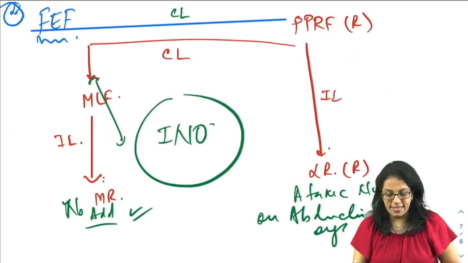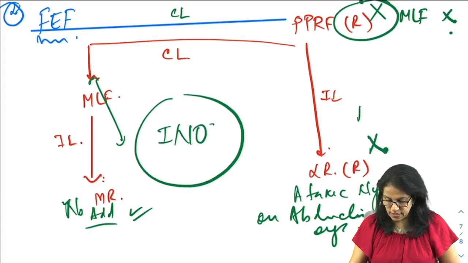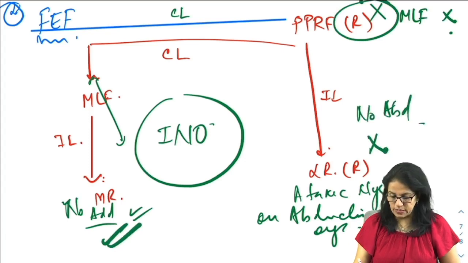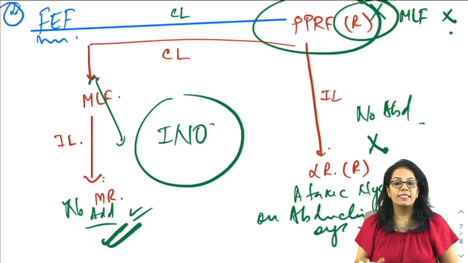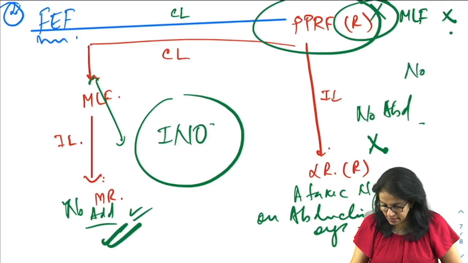See, understand here. If right PPRF is gone, and suppose right-sided MLF is also gone, what will happen? Right PPRF is gone means on the right side no abduction, and on the left side no adduction, because right PPRF is managing these two. But right-sided MLF is also gone, so no adduction.